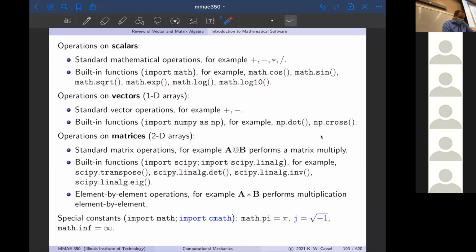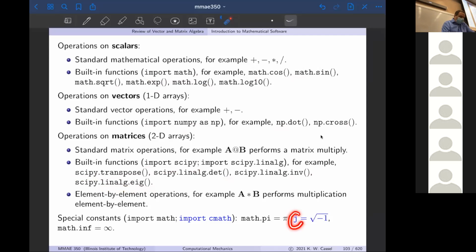Normally we import SciPy as sp, just like NumPy is np, that's the standard. Then you have a transpose, the determinant, the inverse, eigenvalues, and again, rather than typing out SciPy, I can just write sp.linalg, or I can even get rid of this if I want. Look in the tutorial for examples of how it's used.